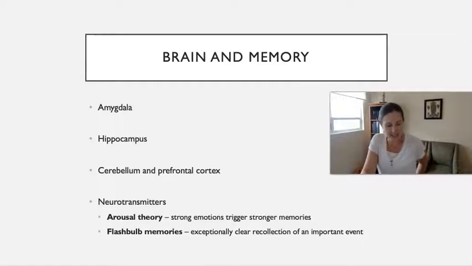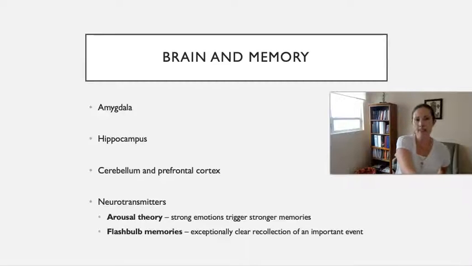For the hippocampus, the hippocampus is where your memories get stored before they move to their permanent location. And so you can think of memory consolidation as finding that permanent location, getting something into your long-term memory forever.